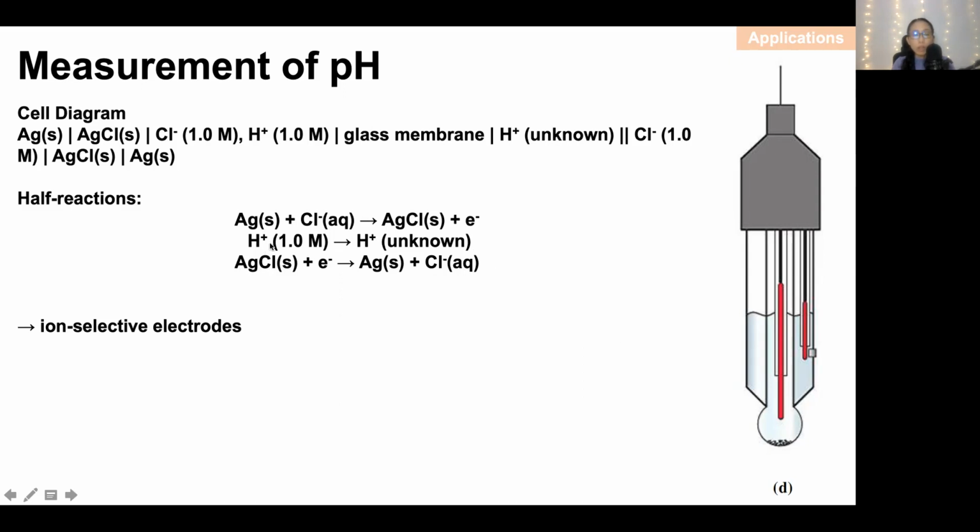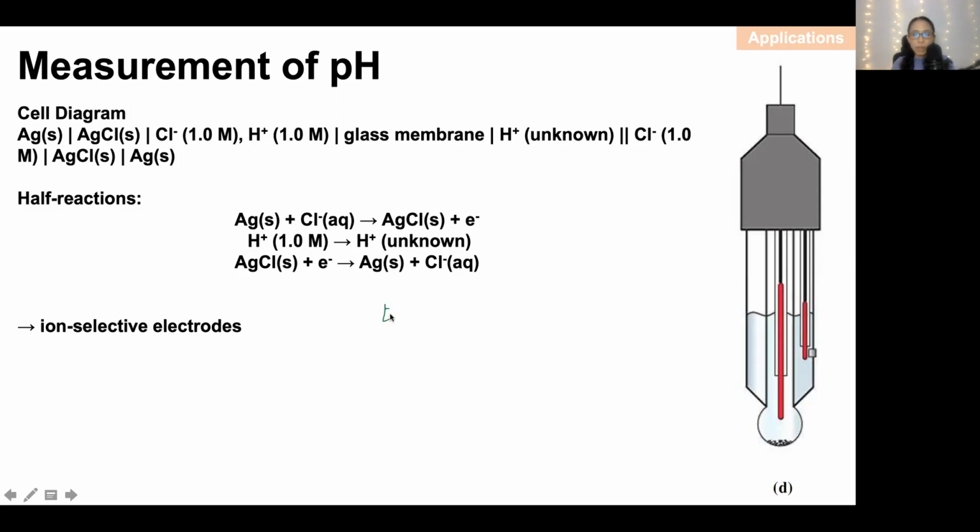But again, you have unequal concentrations of your hydrogen ions. The hydrogen ions in your hydrochloric acid solution inside the reference electrode are found in the reactant side. And you have the concentration of hydrogen ions in your liquid sample in the product side, which means we can write a Nernst equation for this one.